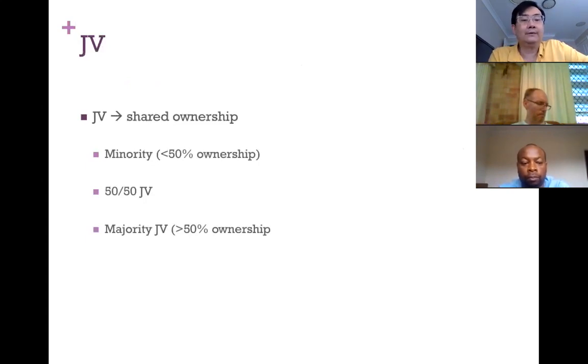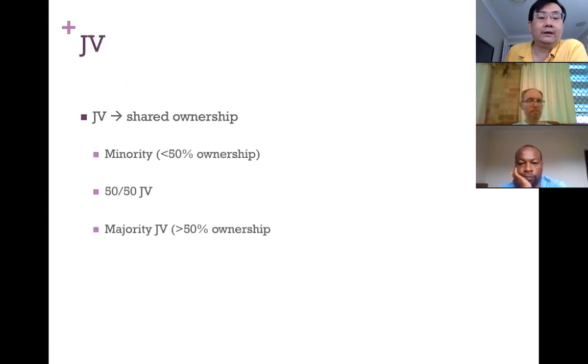The problem is that with 50-50, the organization may not be decisive in making decisions, especially if the decision includes investments. These two parties may just look at one another. That is the big challenge of a 50-50 joint venture.